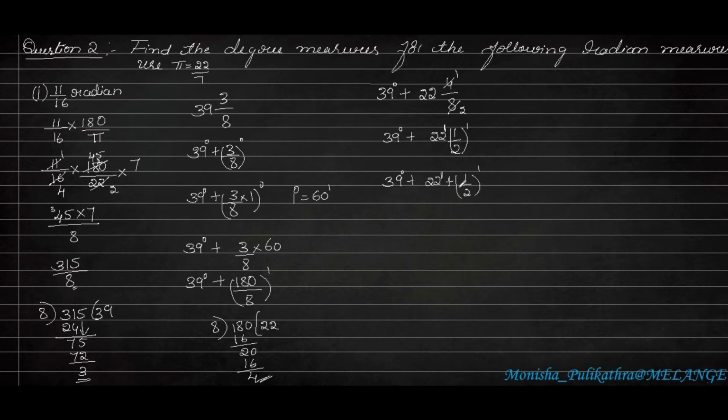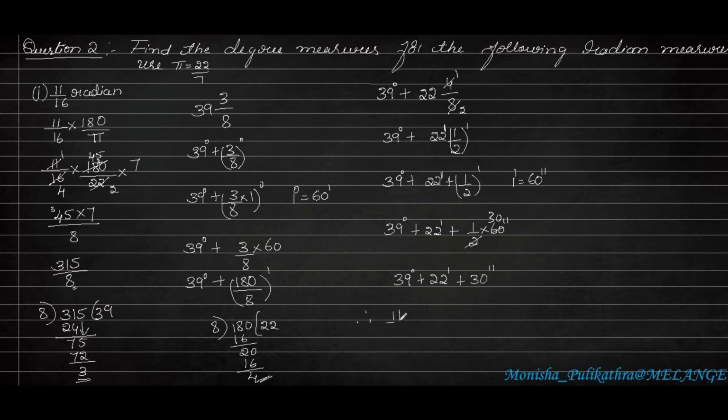Again we need to convert this minute into seconds. We know that 1 minute is equal to 60 seconds. So 39 degree plus 22 minutes plus half into 60 seconds. So now 2 1s are 2, 2 30s are 60. So it will become 39 degree, 22 minutes and 30 seconds.